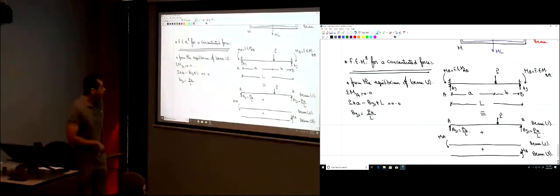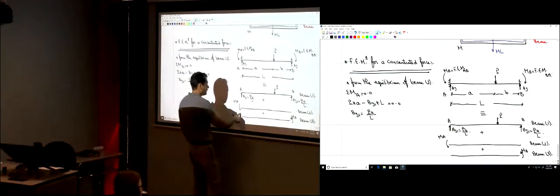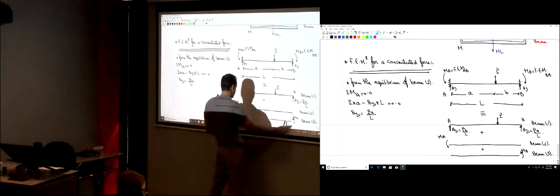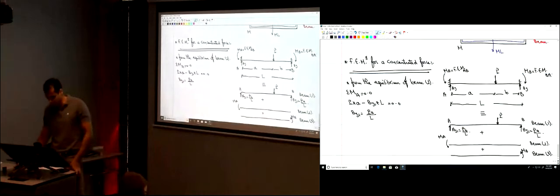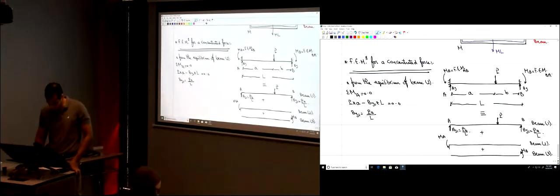There are two vertical reactions here, and there are two vertical reactions here, but I'm not going to calculate them. I can calculate them if I want. This is going to be MA over L, and this one is MA over L in the opposite direction.